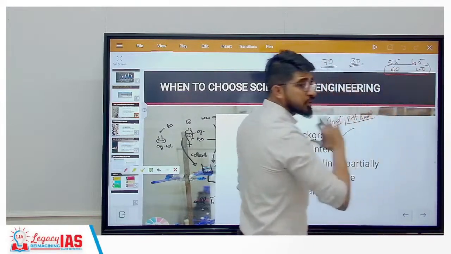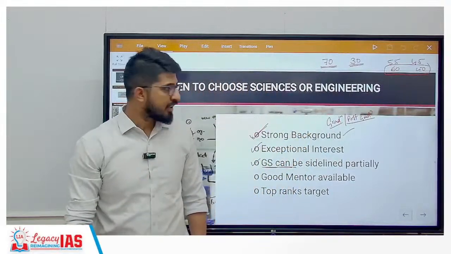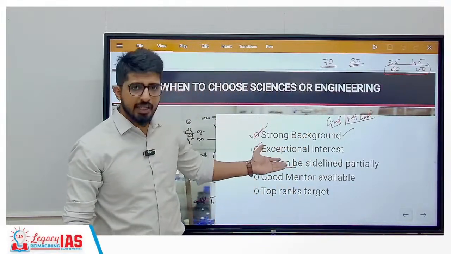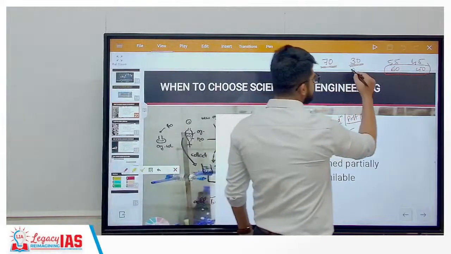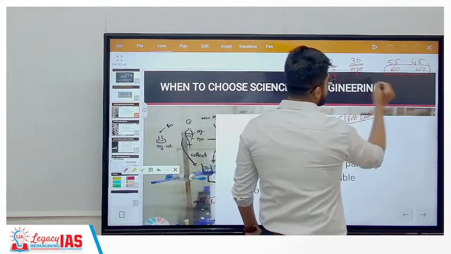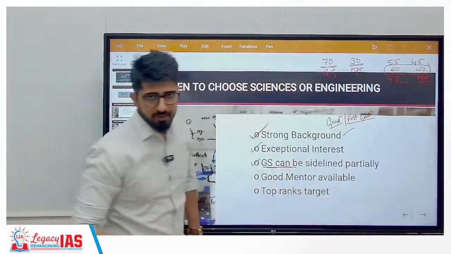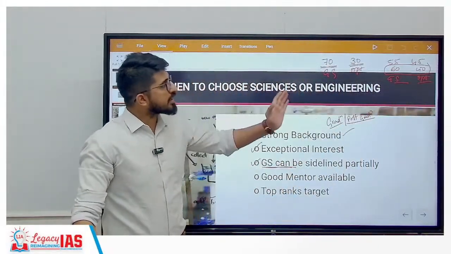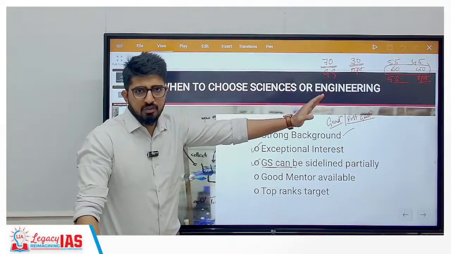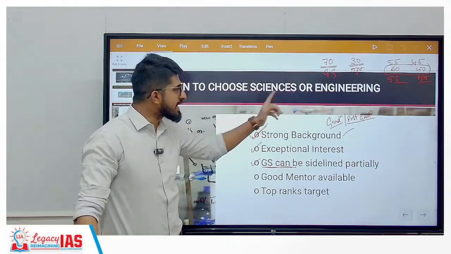This is how the split should be, the time and energy: this is your optional, this is your GS. You are supposed to dedicate more time to the optional if you are choosing sciences or engineering.